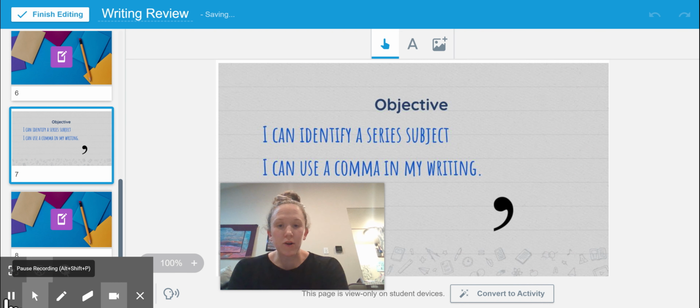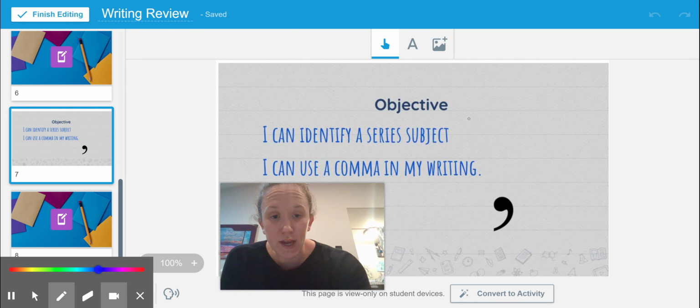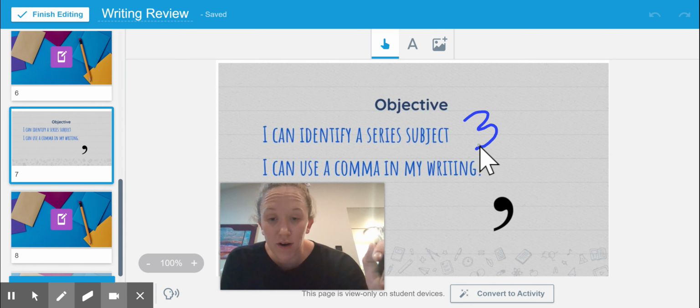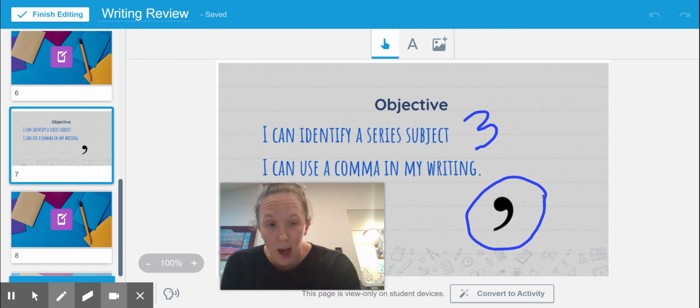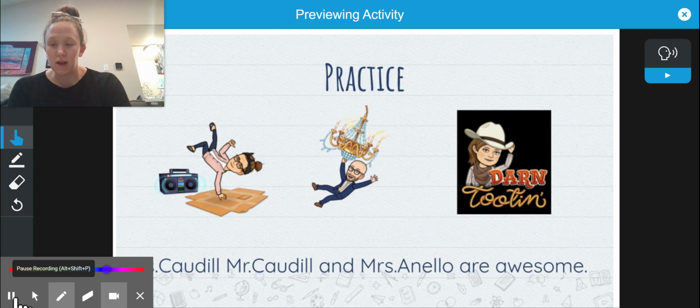The next thing we're going to review is our series subject and using a comma. Remember, a series subject is when you have 3 or more subjects in your sentence, and you need to make sure that you use a comma. So let's practice.